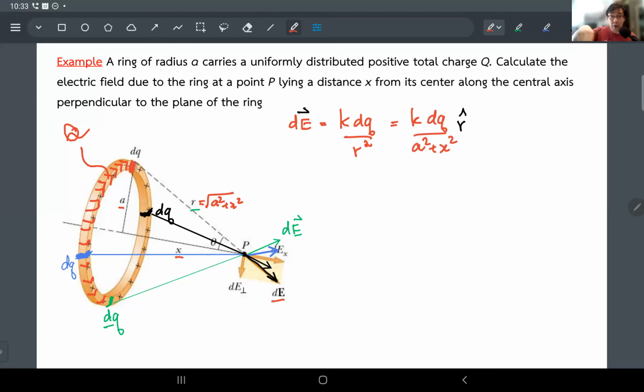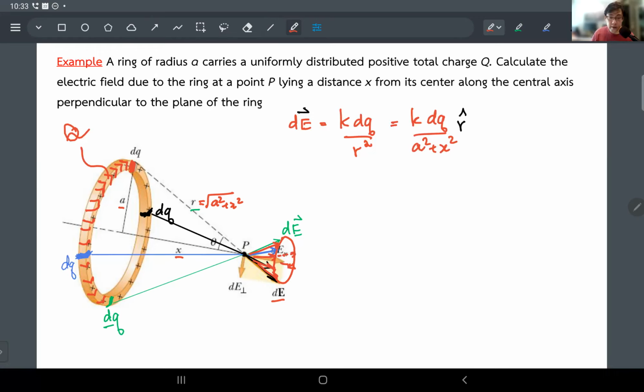But once you complete the whole ring, what you're going to end up with at point P is tons of these dE wrapping around a cone. I hope I drew it well. You're going to get a lot of dE on the surface of the cone, on the backside too.